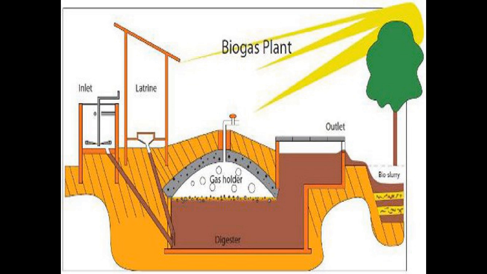Now, it takes a few days for the decomposition process to complete, and once it is completed, children, gases like methane, carbon dioxide, hydrogen, and hydrogen sulfide are produced. I repeat, methane, carbon dioxide, hydrogen, and hydrogen sulfide gases are produced, children.